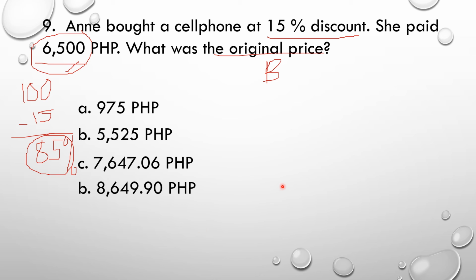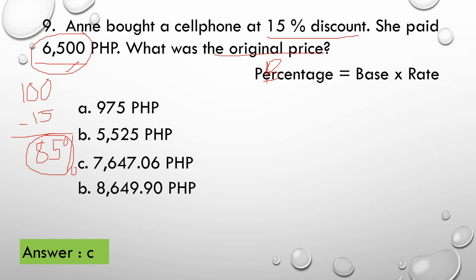Okay, so now we have the formula. The answer is letter C. Did you get it right? So here, percentage is equal to base times rate. Remember? So what is missing now is the base. So if we're going to substitute the value here, the percentage is 6,500, and that is equal to the base, which is unknown, times 0.85, which is the 85%.